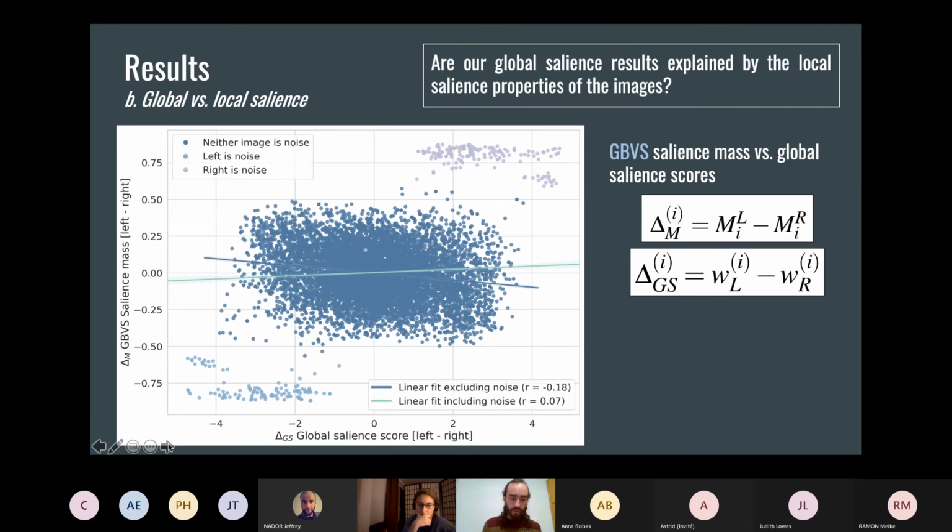And still this is not correlated, so we couldn't find a way to map properties of the local salience maps to our global visual salience scores.